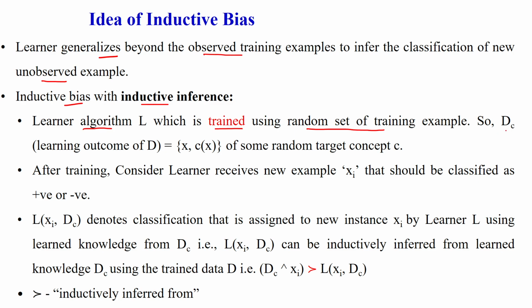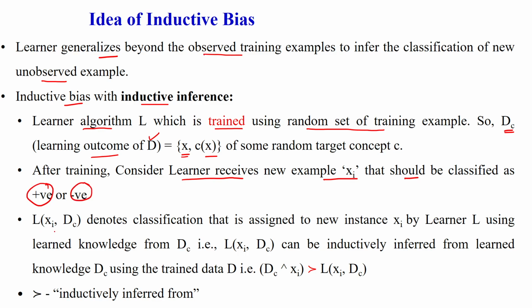Here DC represents the learning outcome. That means the knowledge gained from the given data set D is represented by a number of samples and their corresponding target concept. After the training phase, consider the learning system receives a new testing sample xi that should be classified as a positive sample or negative sample.